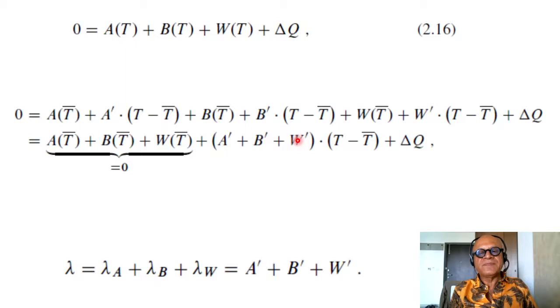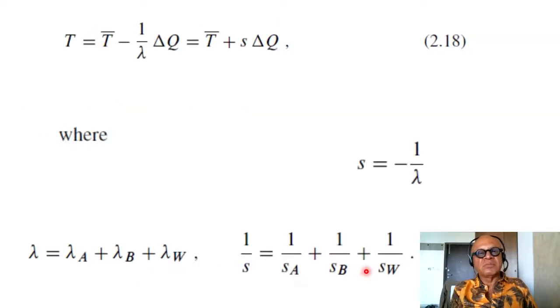This is the remaining feedback, so A prime plus B prime plus W prime times T minus T bar plus delta Q. So now we can write a feedback term, lambda, net feedback, as short wave feedback, long wave feedback, and other internal feedbacks, which we wrote as A prime, P prime, and W prime.